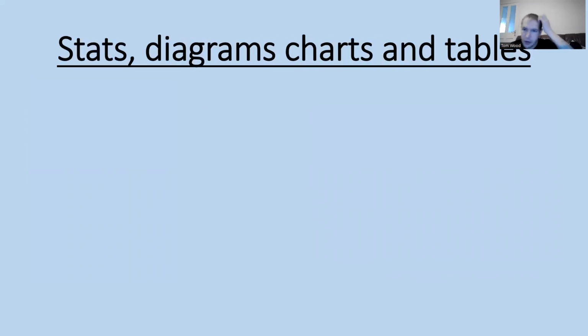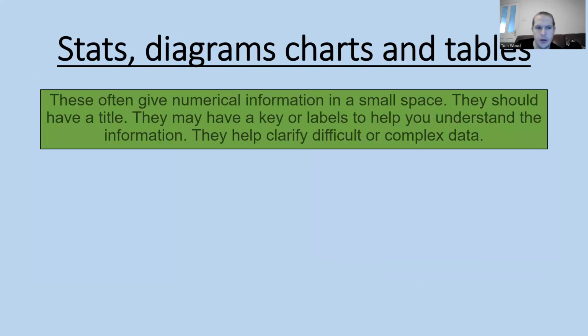So, statistics, diagrams, charts, and tables. These are often used to give numerical data in a small space. They do have a key or a label to help us understand the information, and they can help give clarity to difficult and complex ideas, and they can do that very, very quickly.